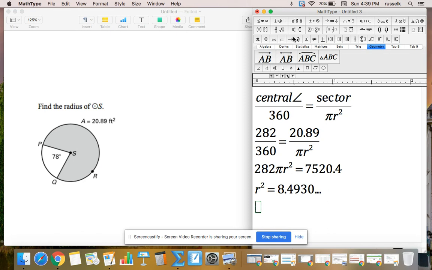And if we round it to the nearest hundredth, that would be 2.91. Once again, get r by itself and take the square root to get rid of the squared.